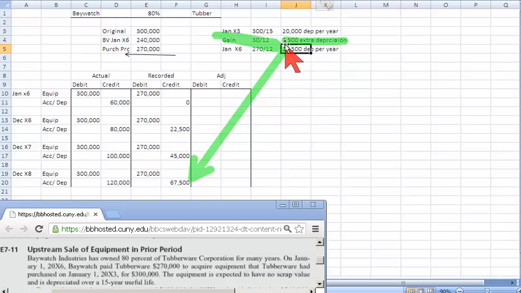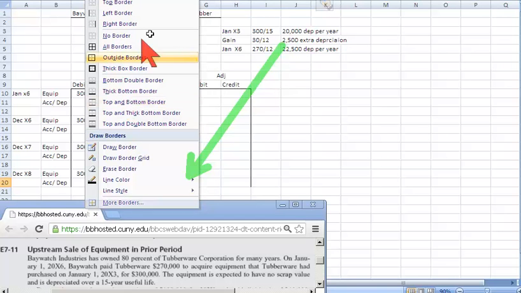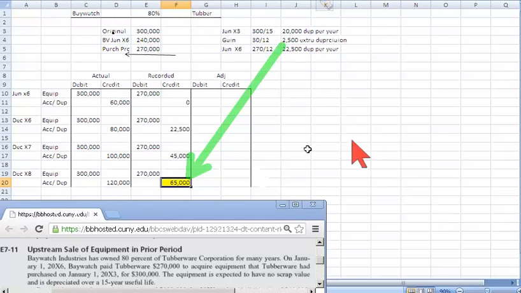Now if the problem wanted elimination entries for December '07, it would be subtracted from this box. If it wanted for December '06, it would be subtracted from this box. But since they want December '08, we'll do it from the last box. So what you do is you take this 2,500 and you subtract it from over here, which gives you 65,000. Now we'll explain that in a little bit, but let's just mark that right now. So we have subtracted $2,500 from that box.